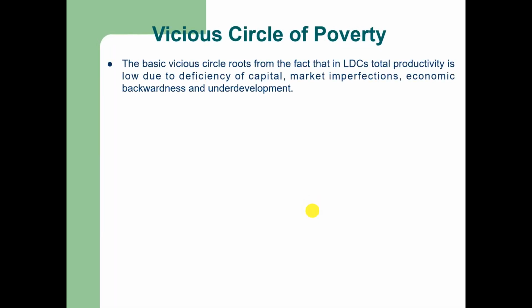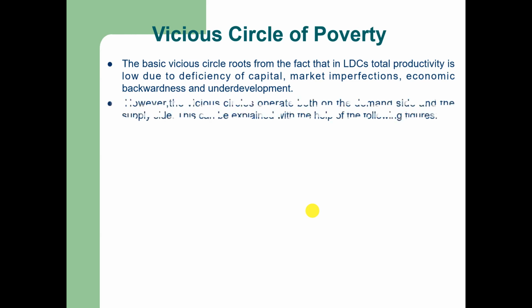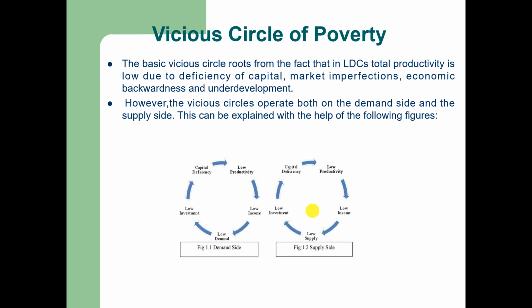The basic vicious circle stems from the fact that in less developed countries, total productivity is low due to deficiency of capital, market imperfections, economic backwardness, and underdevelopment. However, the vicious circles operate both on the demand side and the supply side, and this can be explained with the help of the following figures.